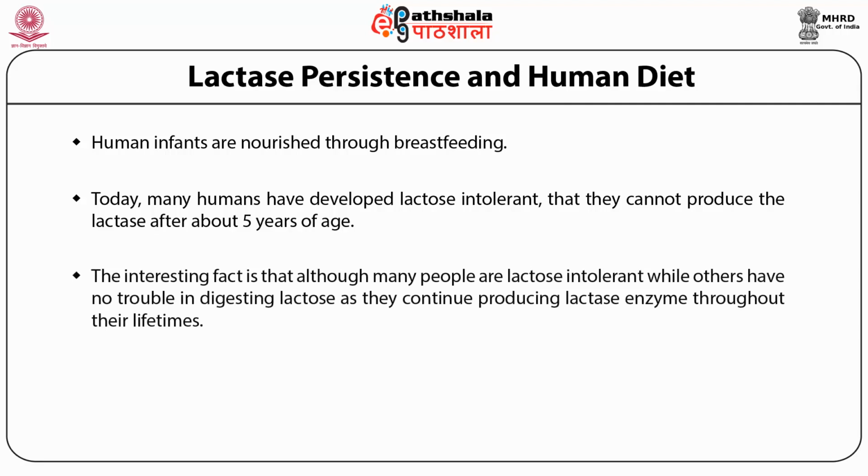The interesting fact is that although many populations are lactose intolerant, others have no trouble digesting lactose as they continue producing the lactase enzyme throughout their lifetimes. The gene controlling lactase activity is found on chromosome number 2.